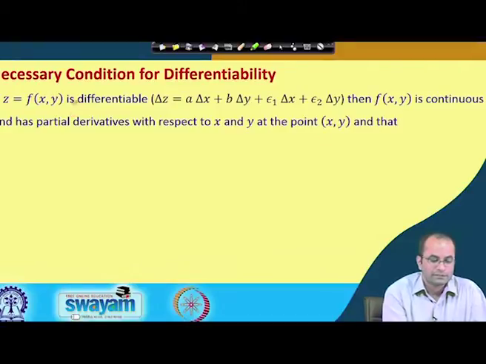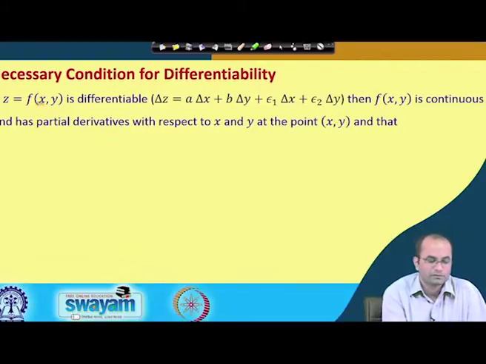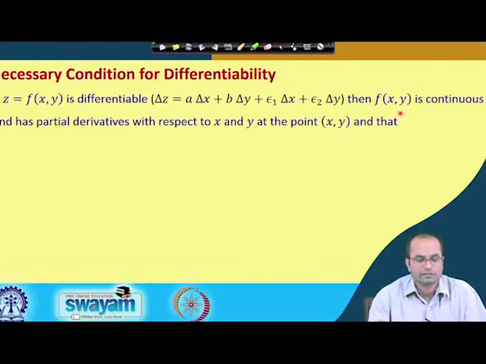That means continuity and the existence of the partial derivatives with respect to x and y at the point x y are the necessary conditions for differentiability, because we will show that differentiability implies that f is continuous and the partial derivatives exist at the point x y.